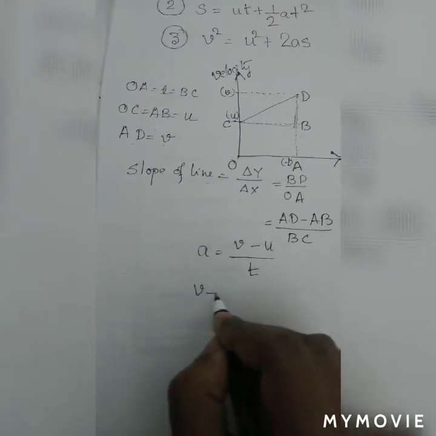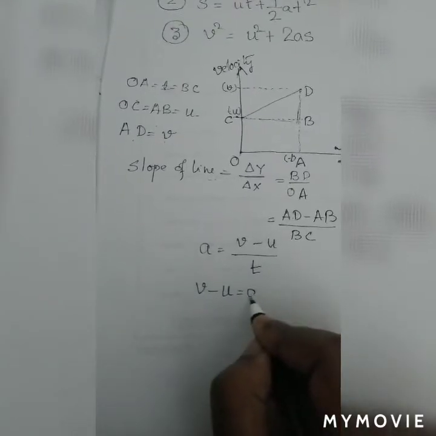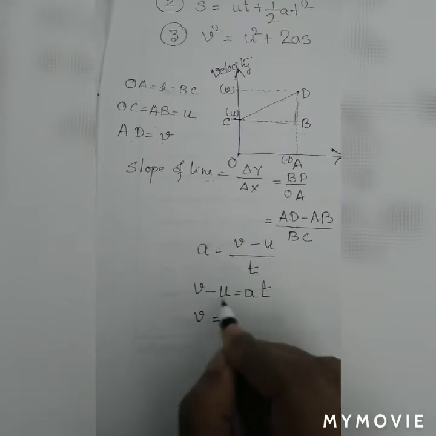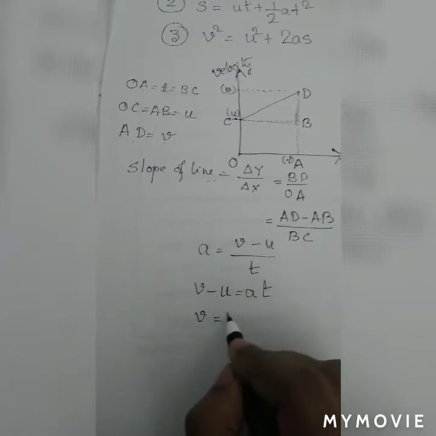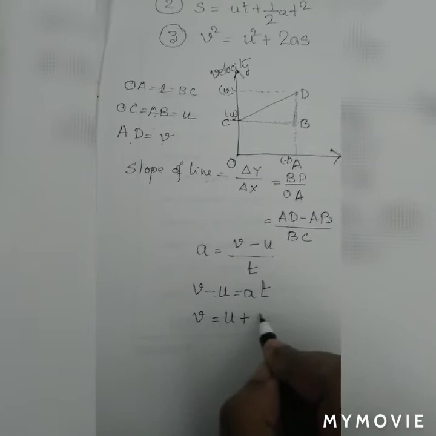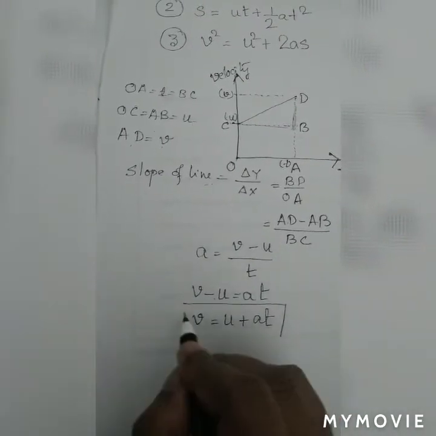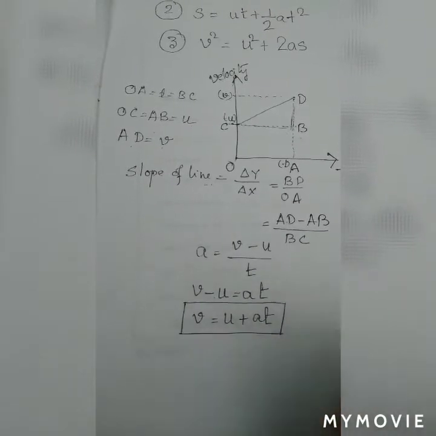V minus U is equal to AT. And so V is equal to, when minus U comes to this side, it becomes plus, U plus AT. This is my first equation.